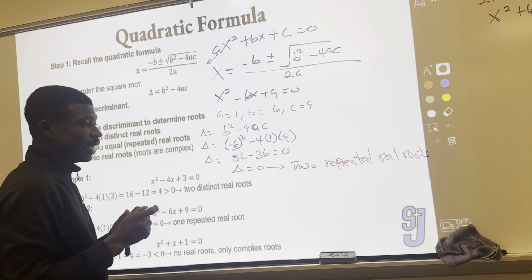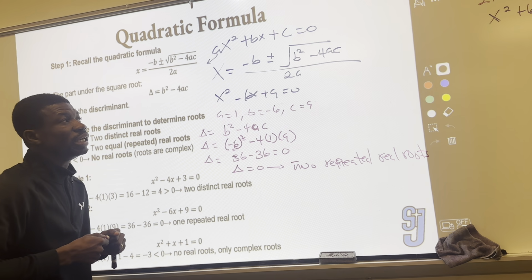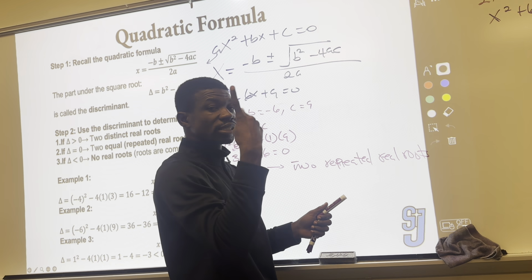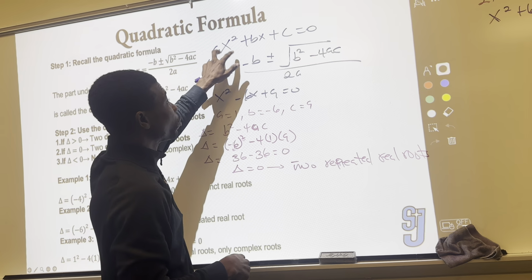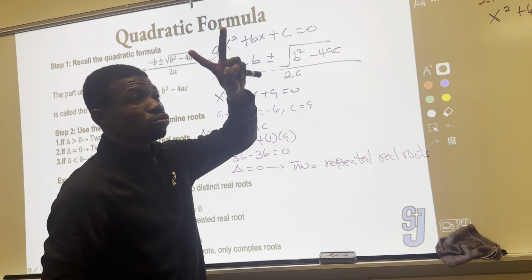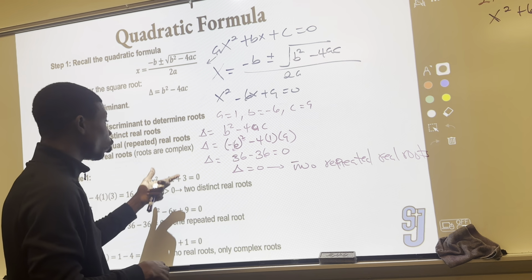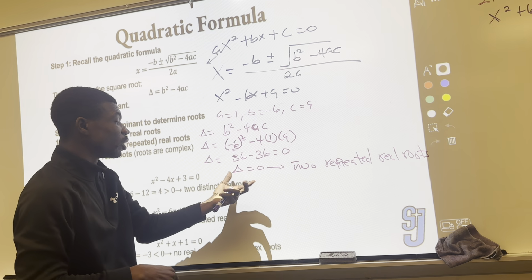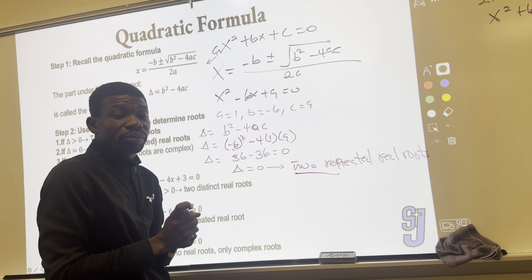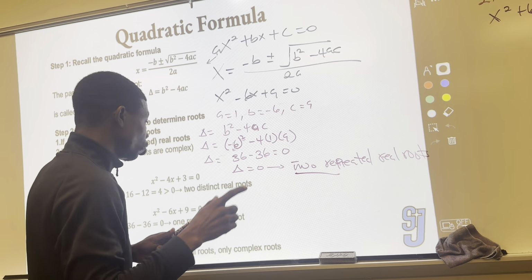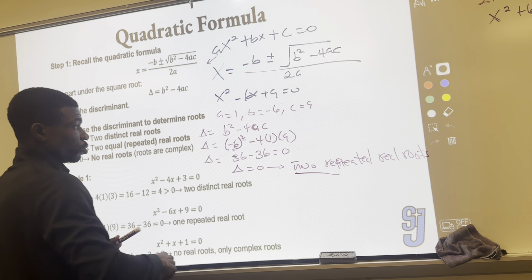By repeated real roots, we mean that you should have the same root twice, because don't forget that we said that quadratic equations have two parts of solution. Once we solve this using the formula, you will see that we get only one, but that one repeats itself. Okay, so we'll do that very soon.